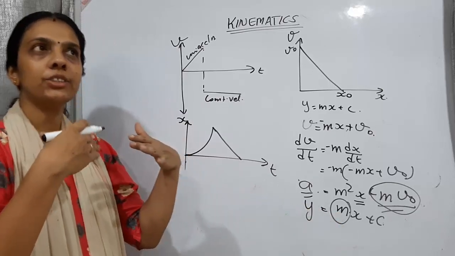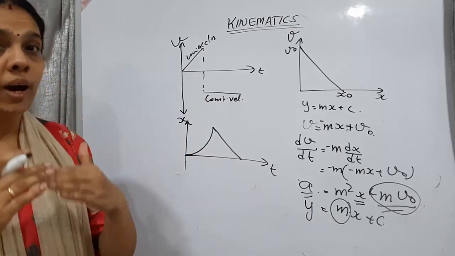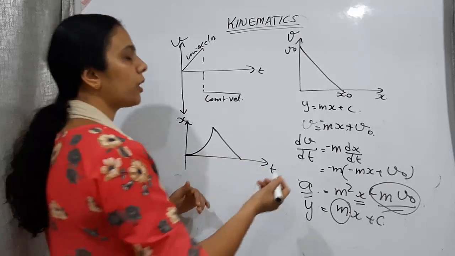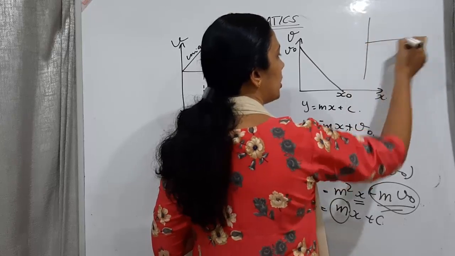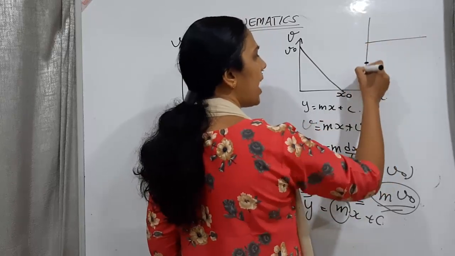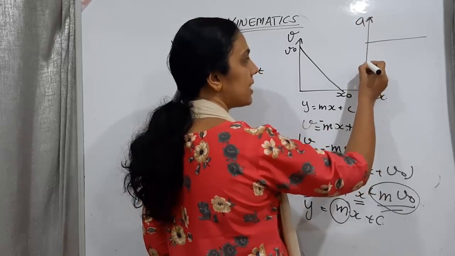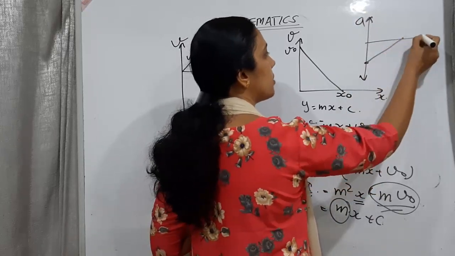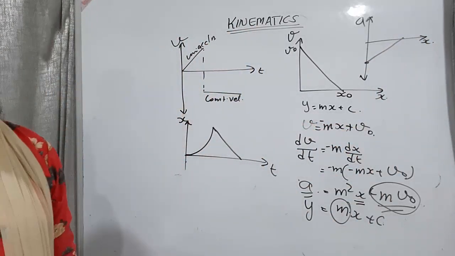So acceleration is increasing with respect to displacement, but its y-intercept is negative. How can we represent that? See here, the y-intercept is negative, so it should start here. Acceleration will start at the negative intercept and increase with respect to displacement. So this will be the acceleration displacement graph.